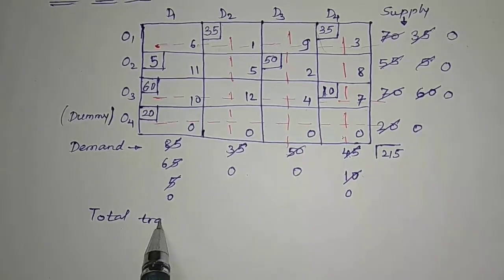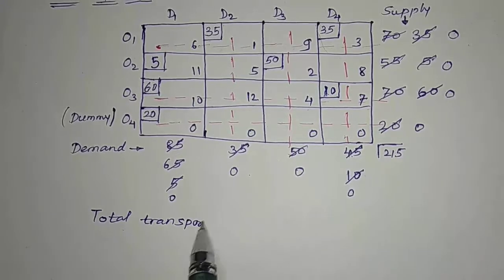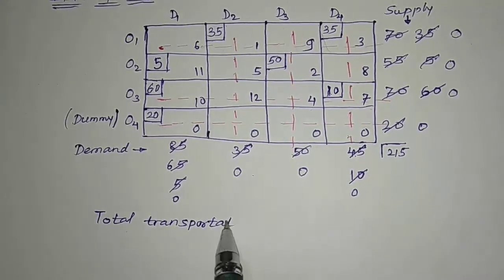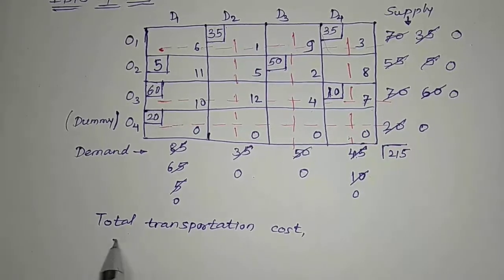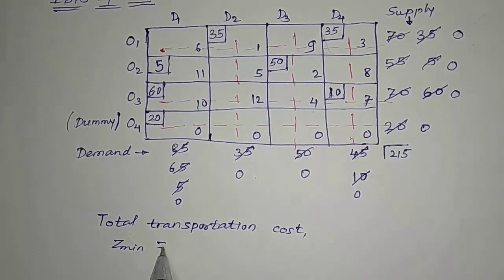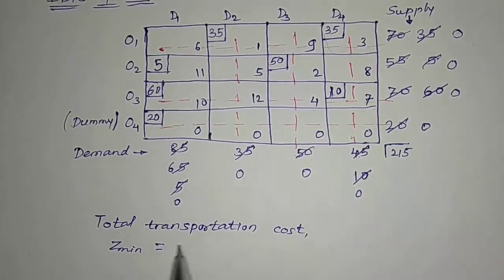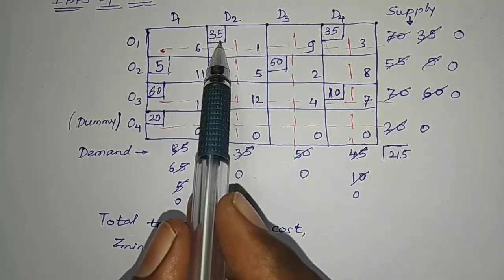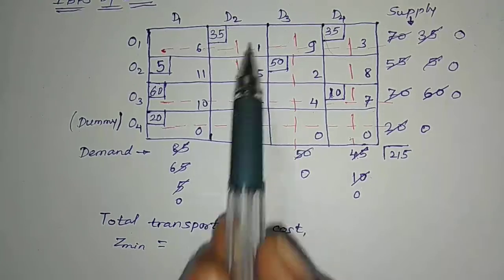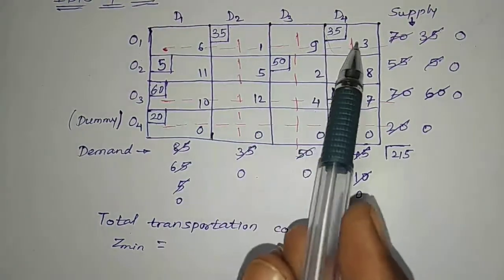Total transportation cost Z minimum. Let us consider only allocated quantity into unit cost of transportation for each of the allocated cells.